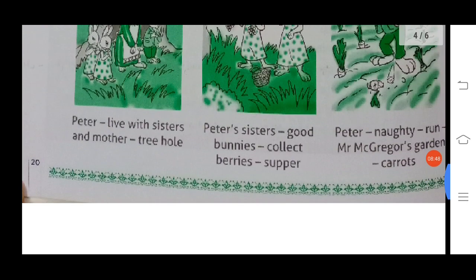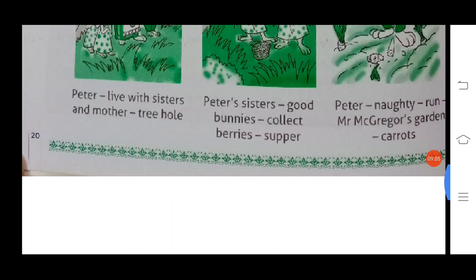Now let me begin. Peter live with sisters and mother. Tree hole. Peter's sisters. Good bunnies. Collect berries. Supper. Peter naughty. Run. Mr. McGregor's garden. Carrots.